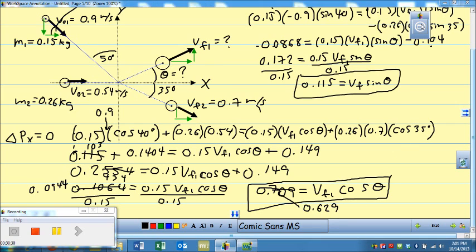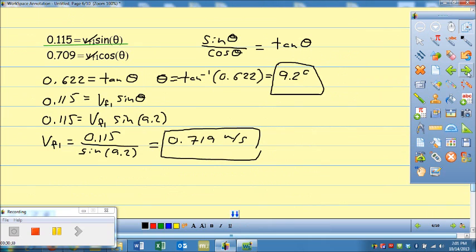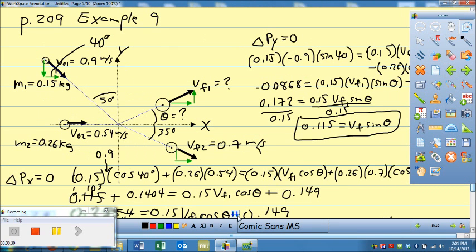All right, so then let's go to the next page. And instead of a 115 here, it should have been a 0.629. Is that right? No, it was the other one. Right, because that was all the x direction. And the y direction, let's just double check that.